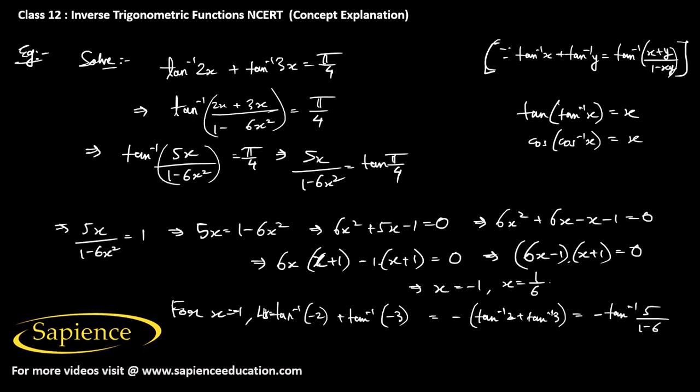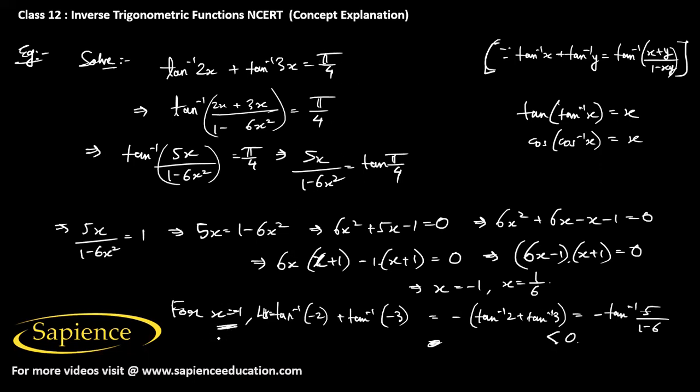Minus of tan inverse 2 plus tan inverse 3. So this will have some positive value, and this will also have some positive angle. So this answer will become less than 0 only, so it can't come pi by 4.